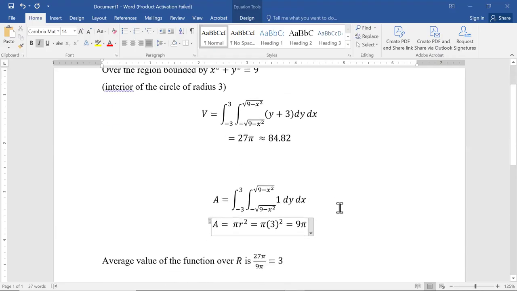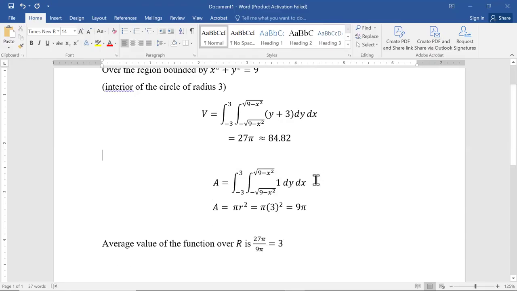So again, quicker ways to do this sometimes. Sometimes that doesn't always work. Sometimes the area is not going to be super easy geometrically to calculate, and then you have to use this one. But in this case, it was real nice. So that's how we find the average value of a function.